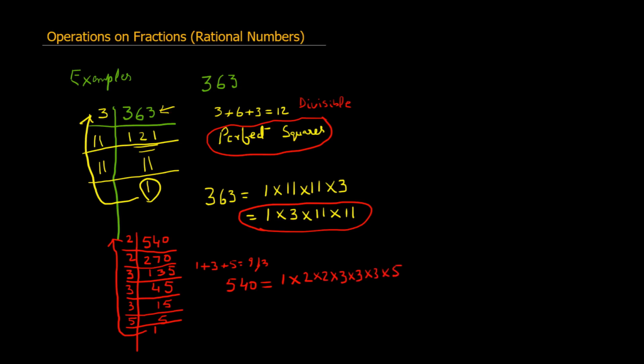So these are the smallest factors of this number. You can see that if you use the divisibility rule of 9, 5 plus 4 is 9, and because it is divisible by 9, it means 9 is also a factor of this number. But we are most interested in the smallest factors which we have obtained using this method.